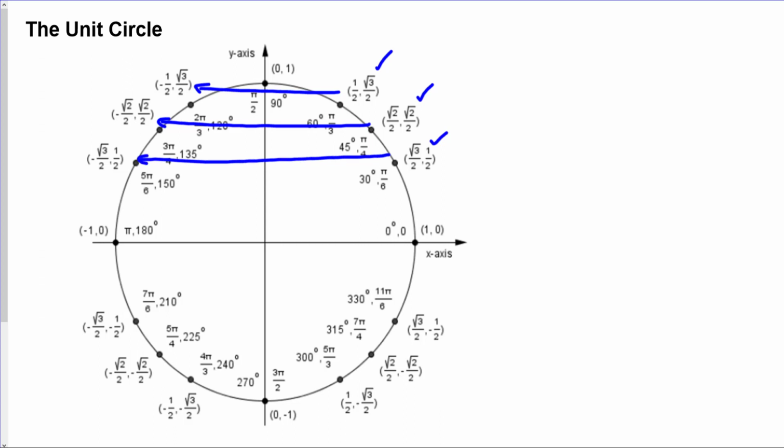So all of these are mirror images. Only difference is negatives and positives.